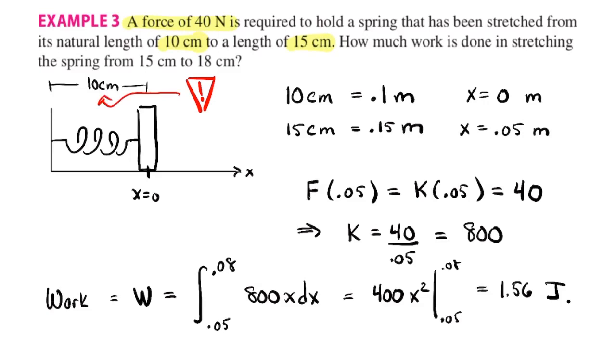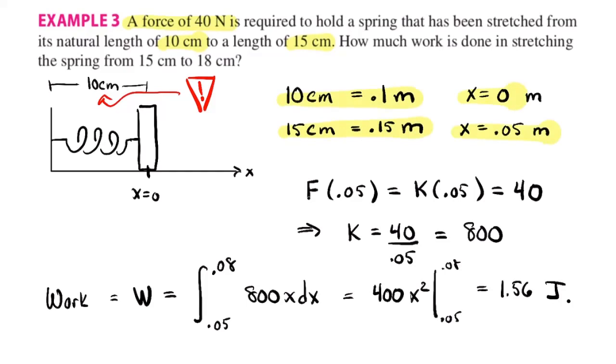So we're going to have to do conversions. When the author is giving us things in newtons and centimeters, we have to convert those centimeter lengths to meters. So in particular, 10 centimeters is 1/10 of a meter, and 15 centimeters is 0.15, right? According to our convention, natural length, that's x equals 0 meters. So we've stretched this spring 0.05 meters. We stretched it from 10 to 15, that's 5 centimeters, that's 0.05 meters.